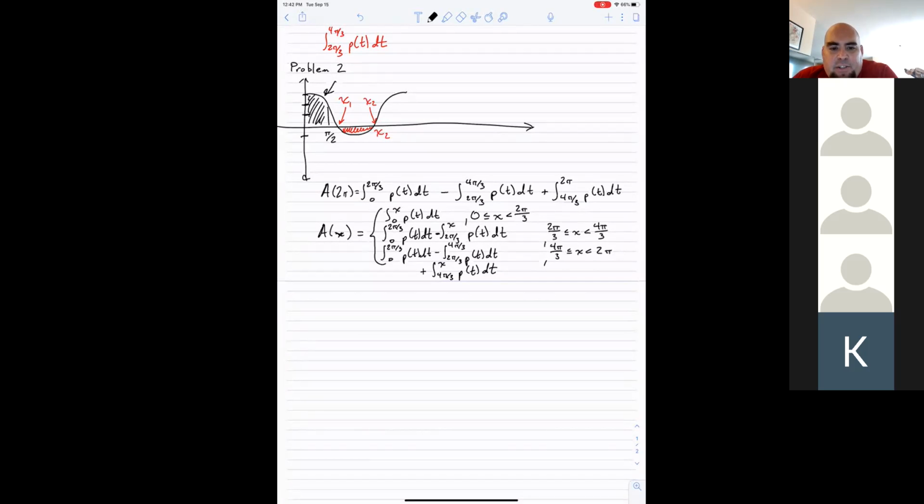Okay, I got you. So let's say I want to find an unsigned area from 0 to pi. If I want to do that, then I need to integrate all this stuff here. Wait, that was 2 pi over 3, right? Yeah. So I want to integrate from 0 to pi. I have to integrate all of this stuff in here, but that still won't be enough.